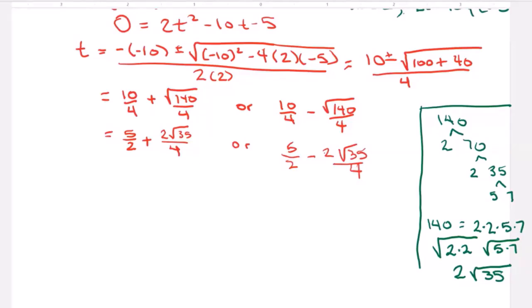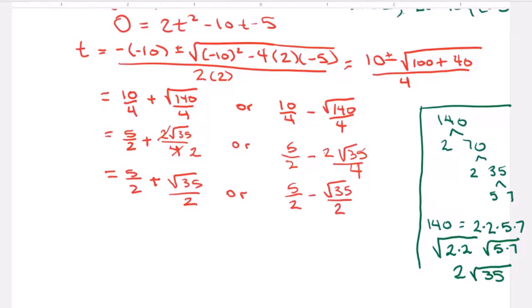All right, so we'll continue. 5/2 plus, well, 2 over 4 is the same as 1 over 2. So I have plus the square root of 35 over 2, or I have 5/2 minus the square root of 35 over 2.